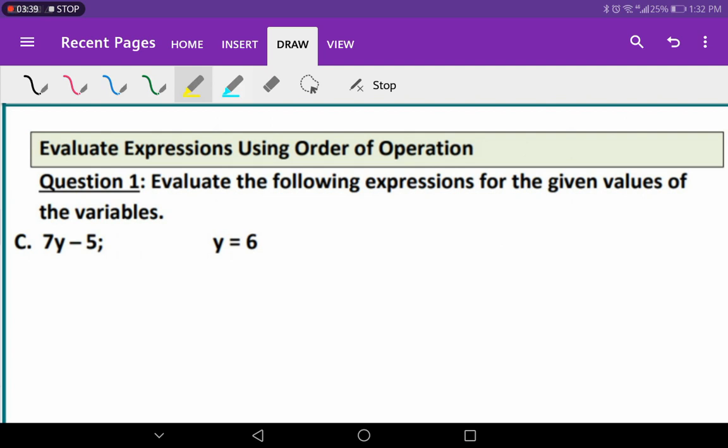This is the algebraic expression, where, sorry, not but. Remember that we read it where. 7 multiply y negative 5, where y equal 6. Okay, that means, teacher, you have to replace this by 6. Yes, that's right.